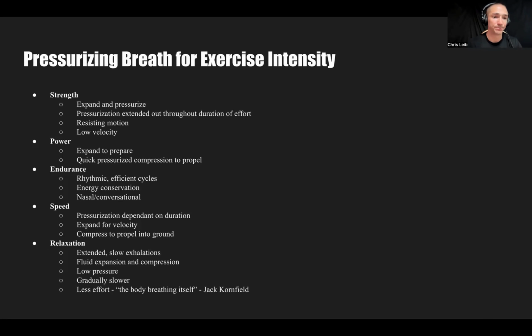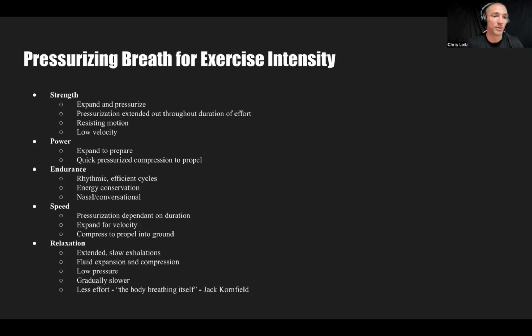And then one of my favorite quotes for breathing, when we're looking at this from a relaxation standpoint or just a general mindfulness of the breath, is from Jack Kornfield, who's a phenomenal insight meditation teacher, and he just uses the terminology that it's the body breathing itself.